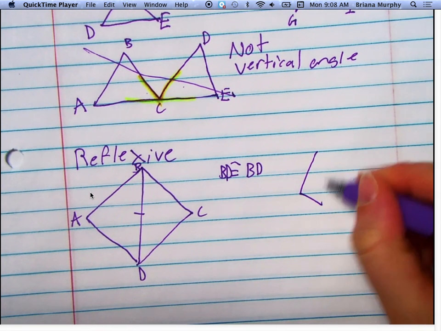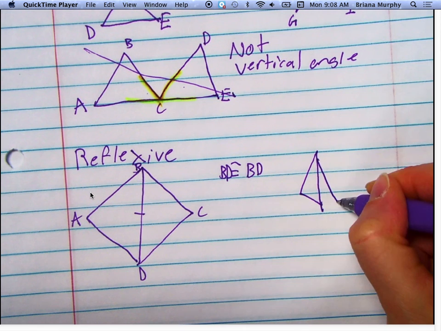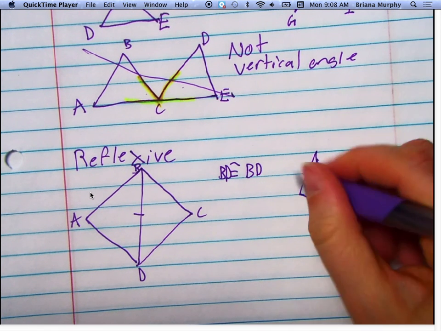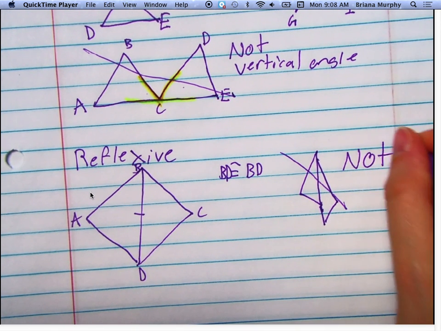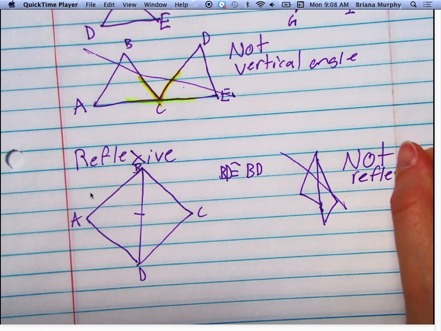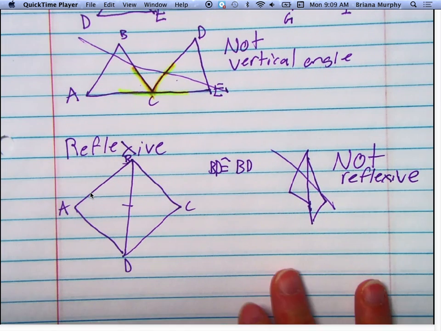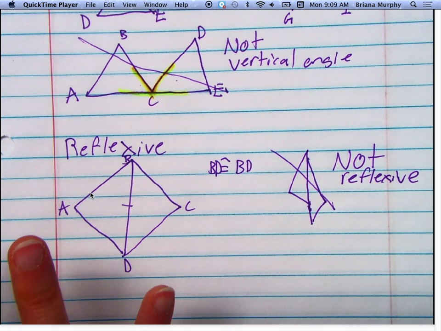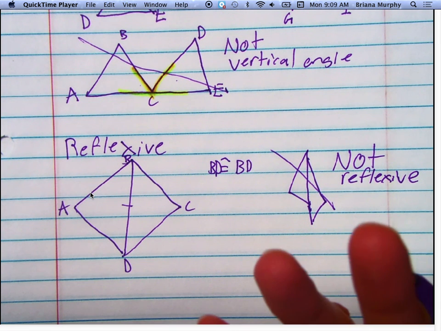And we agree that this is not reflexive, right? So I'm kind of trying to give you one that looks like it's supposed to say it, and one that doesn't.